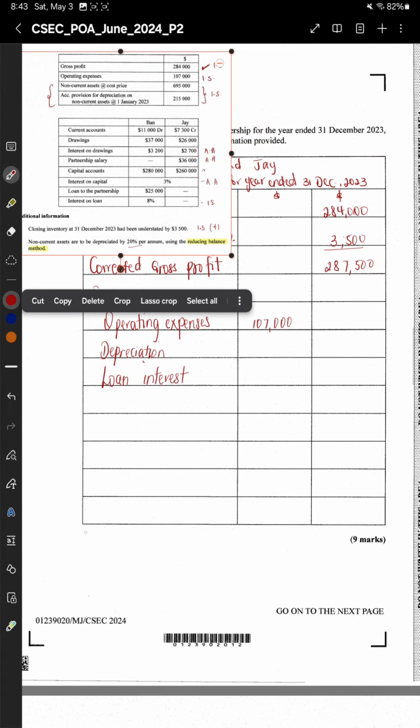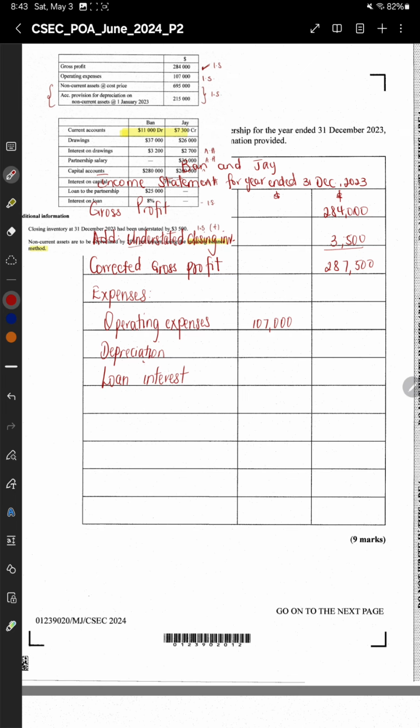Alright, so the carrying amount equals cost minus accumulated depreciation, and the cost of the asset is $695,000 minus $215,000.